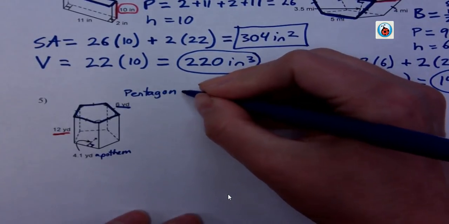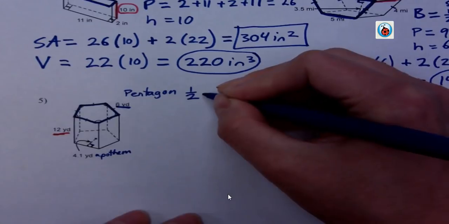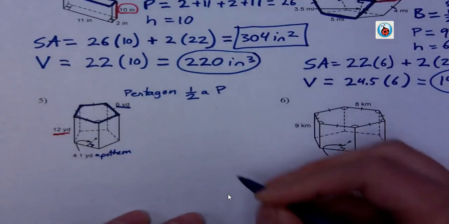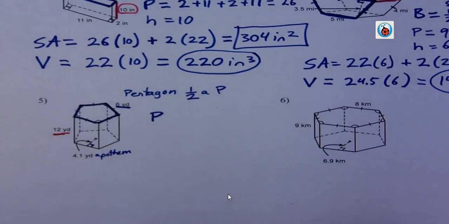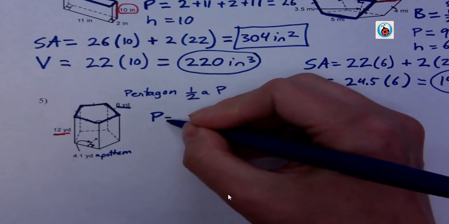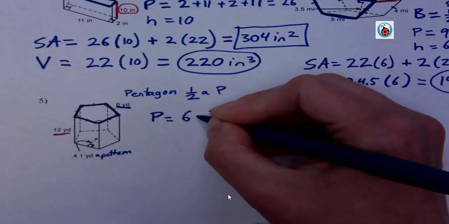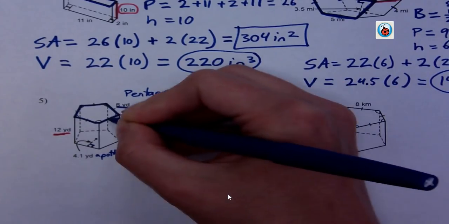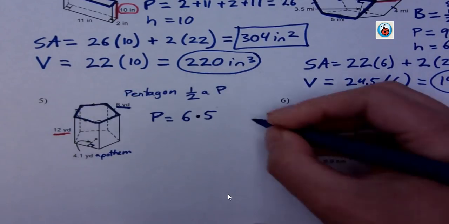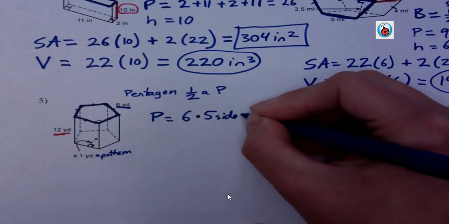So if I have a pentagon, I'm going to do 1/2 apothem times perimeter. So I'm going to start by finding my perimeter. If I have 6 on one side, I just multiply it times the 5 sides, because I have 1, 2, 3, 4, 5 sides, to get 30.